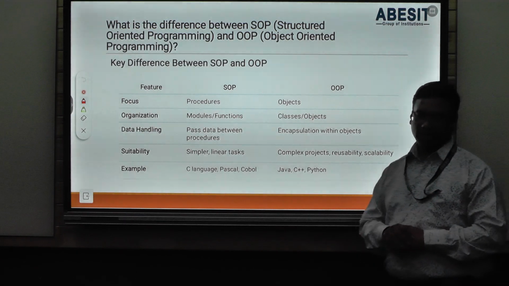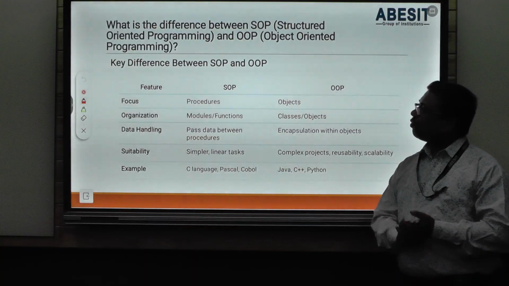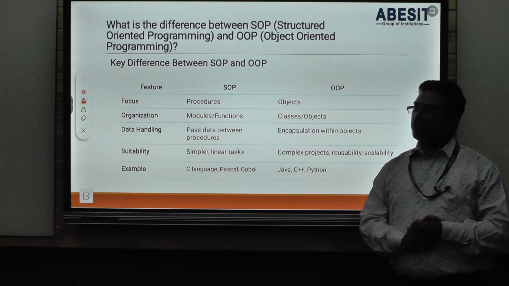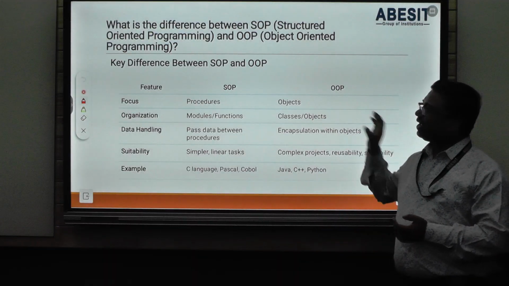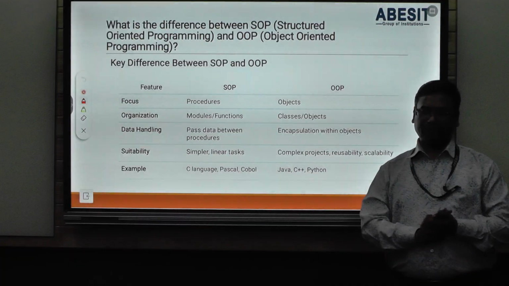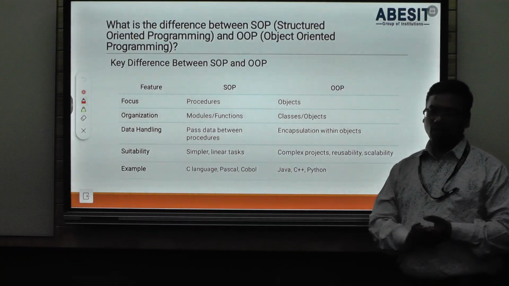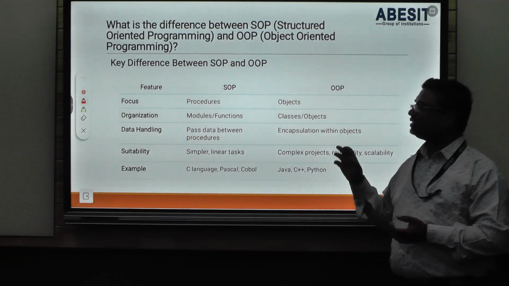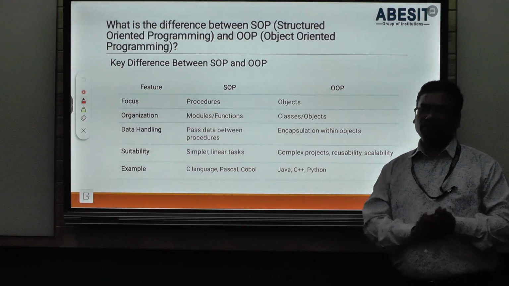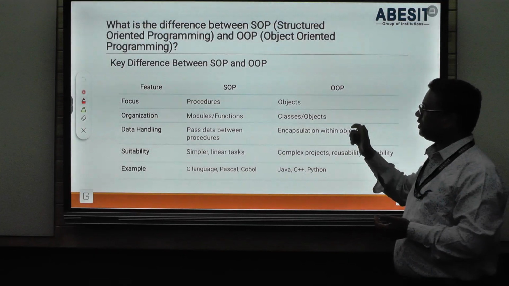First is focus. SOP focuses on procedures. Procedure means breaking down the task into sequential steps, while OOP focuses on objects. Objects are entities with attributes and methods.